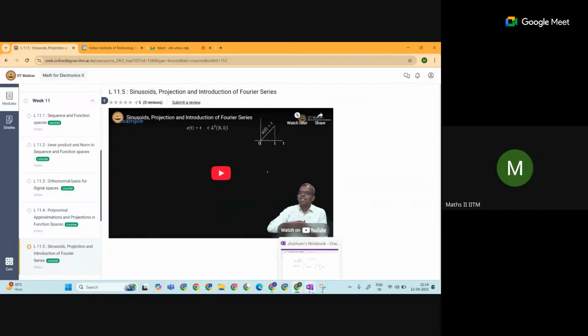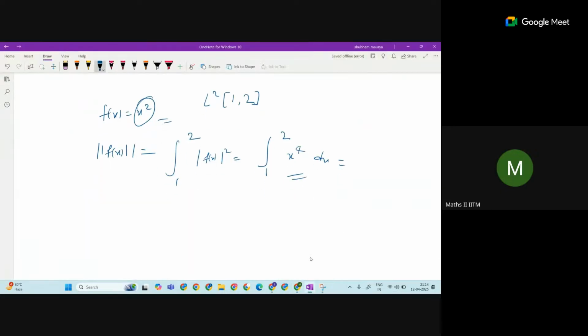Here I can write sine 2 pi t, cos 2 pi t, up to sine 2 pi l t and cos 2 pi l t, where l is 0, 1, 2, and so on. So this will form an orthonormal basis of this space.